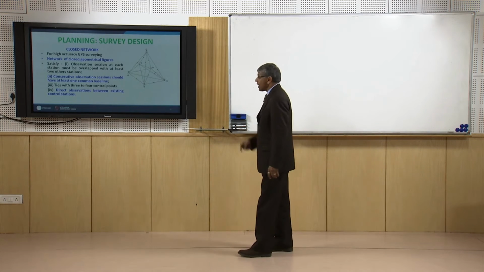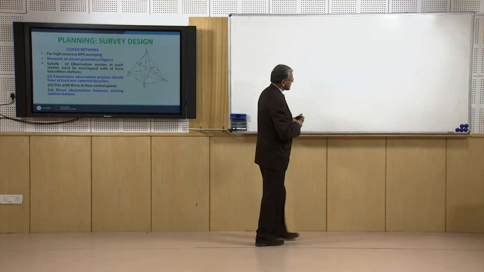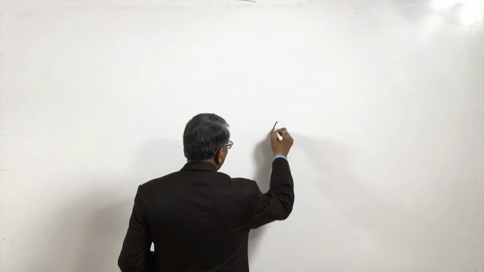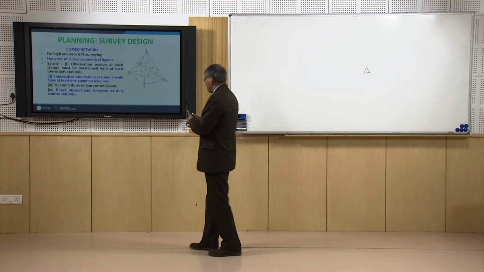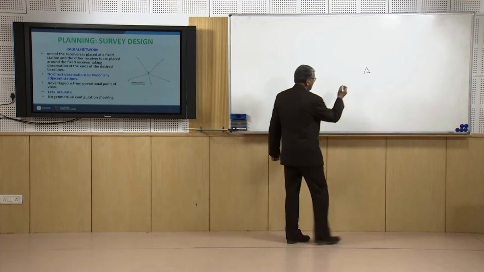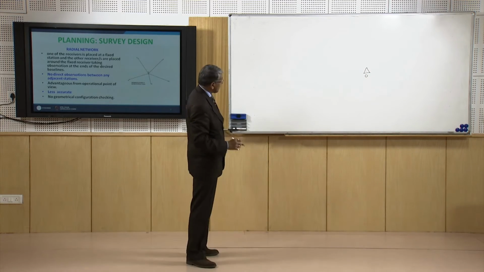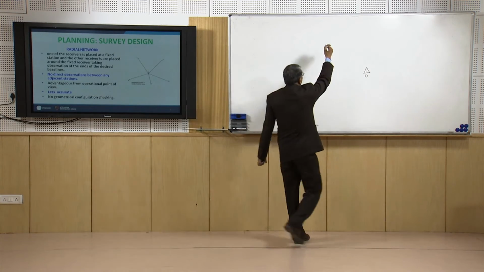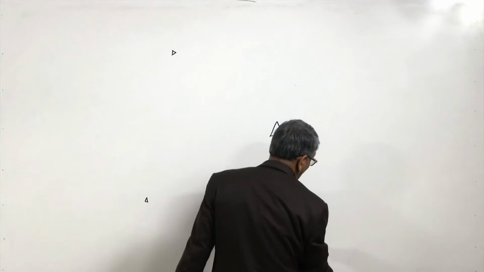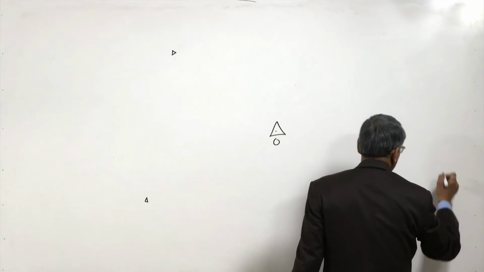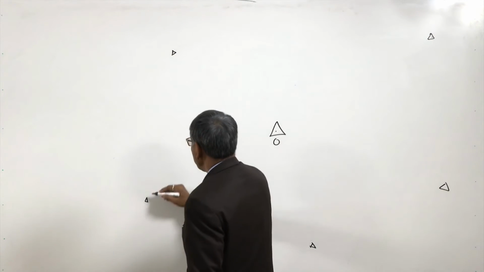Now sometimes for any project work we may also go for a single station like the previous one. Suppose we have this one, then in that case what we do is select IGS stations all over the world, well spread about this point.